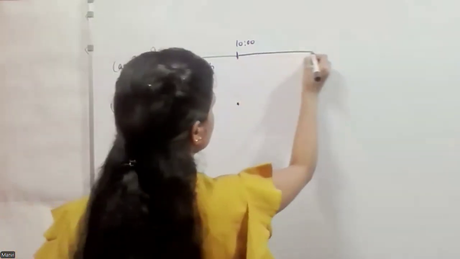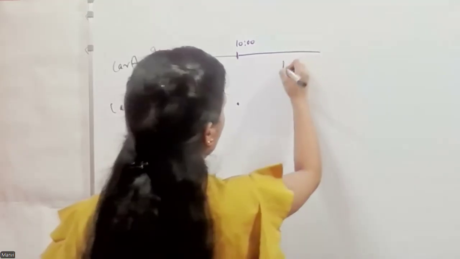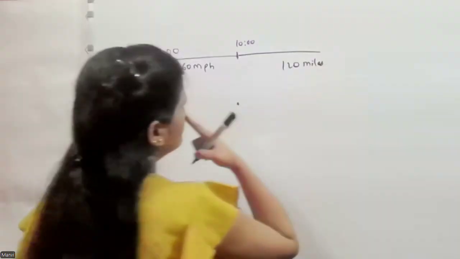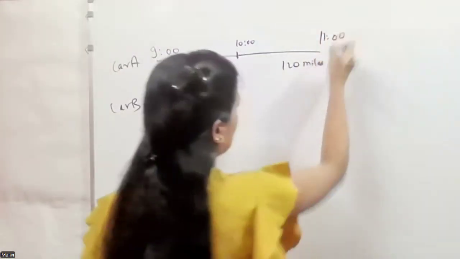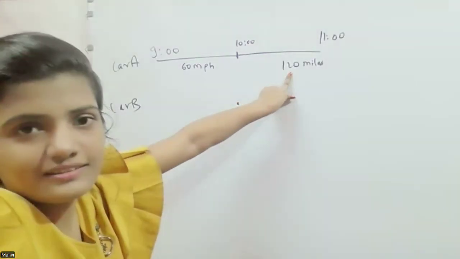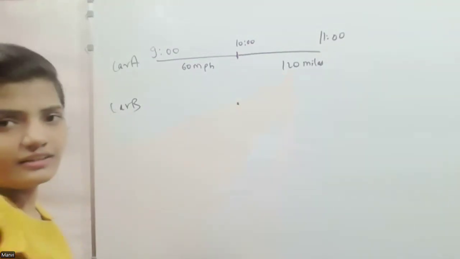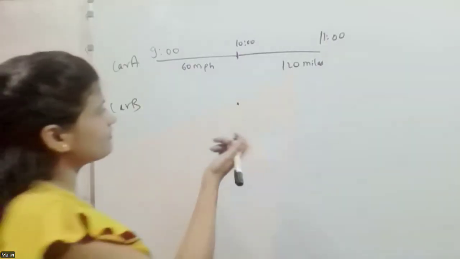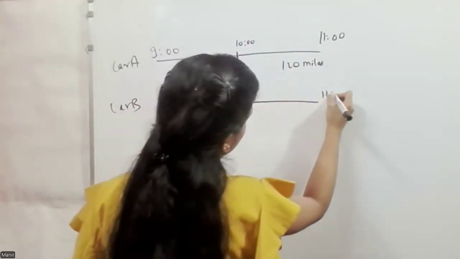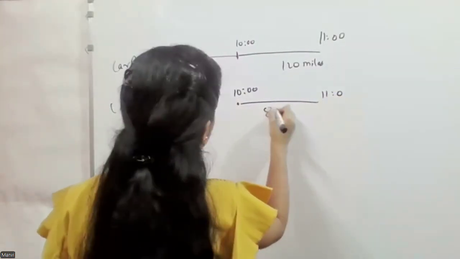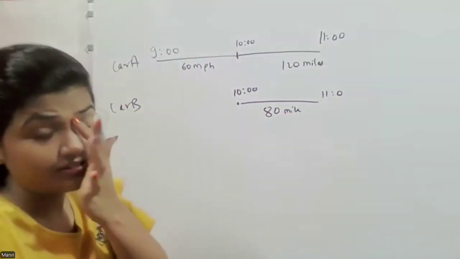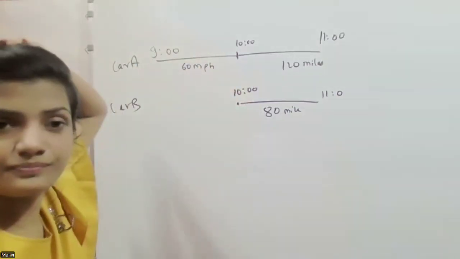So in 2 hours, car A is at 120 miles. Is it correct, Kavya? And at 11, car B is at 80 miles only, right? Correct.